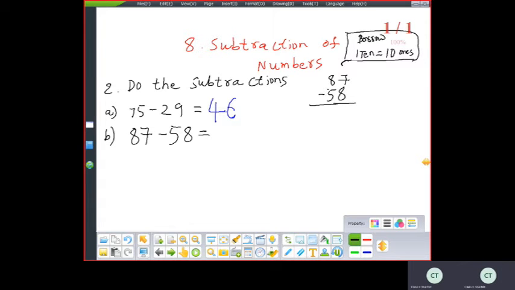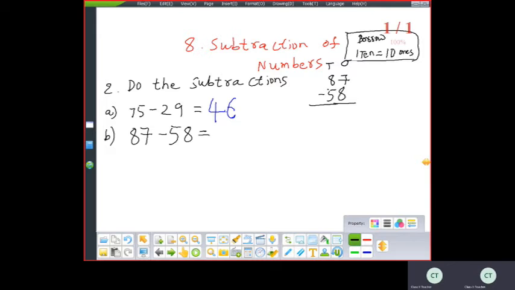Same, first of all write place values 1 and 10. Here 87 is bigger number than 58.